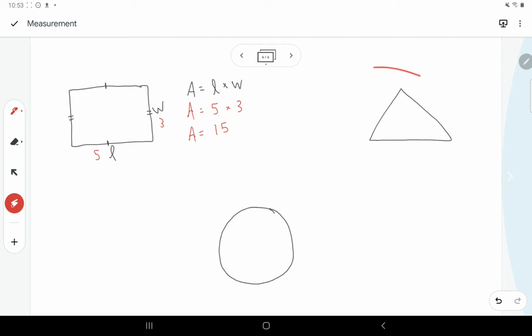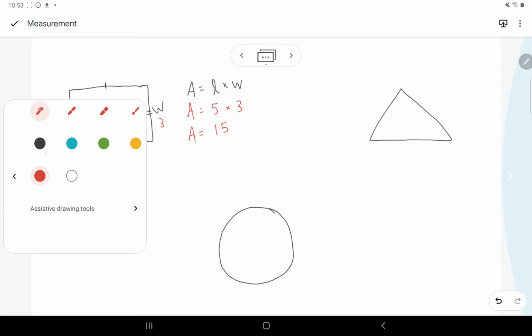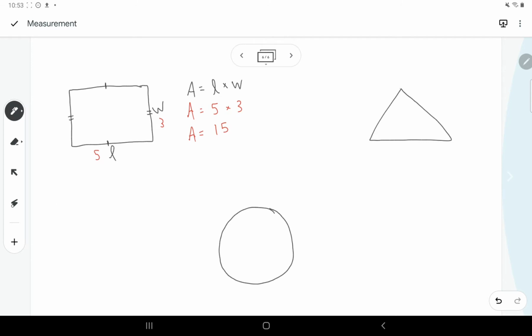Okay, so let's talk about this triangle. A triangle is a little harder because we don't measure every side, but instead we measure the base and the height. So the base B is just the size of this line down here. And then the height is just the distance from the base to the tip of the triangle, so that's the height there.